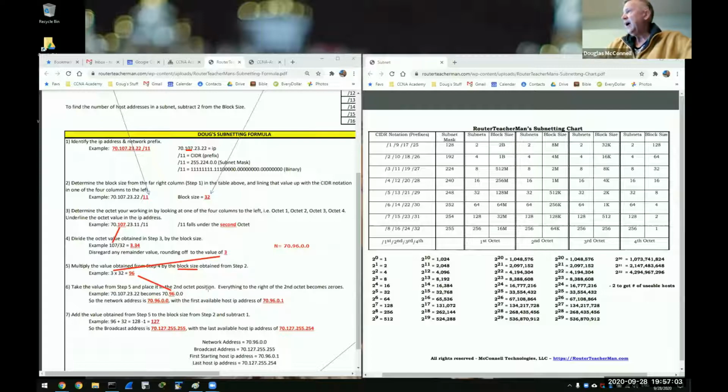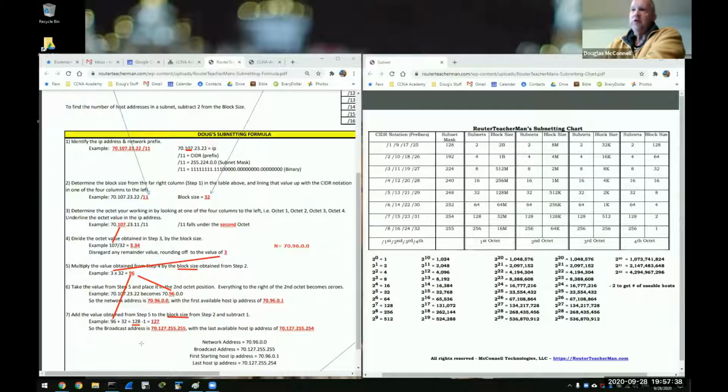So then I add the value from step 5, which is 96, right? And I add the block size to it, which gives me what? 128.